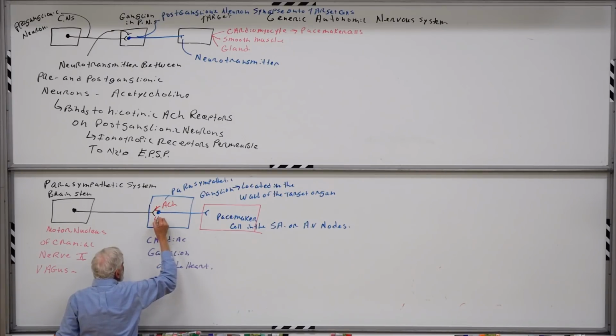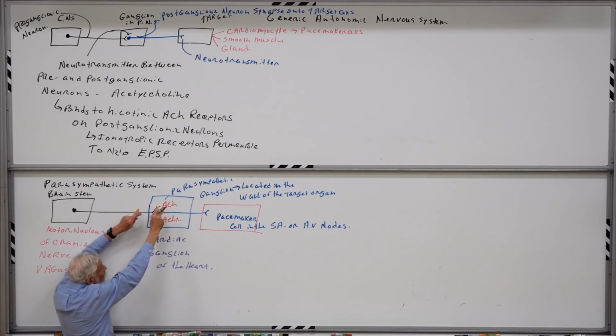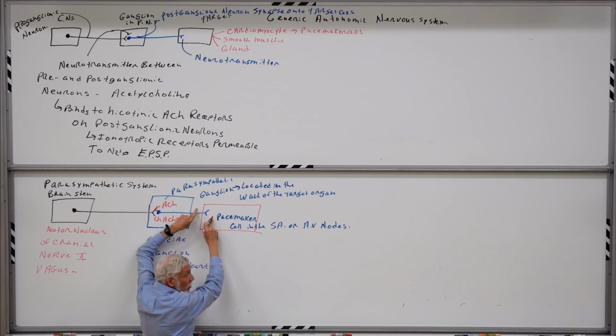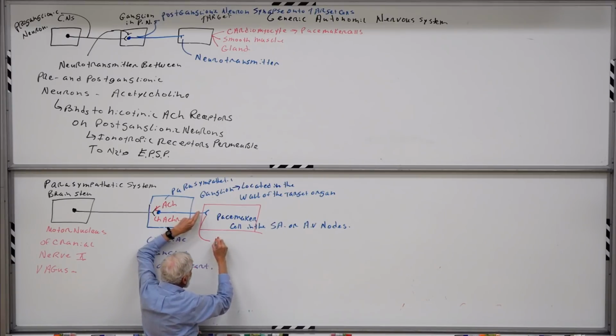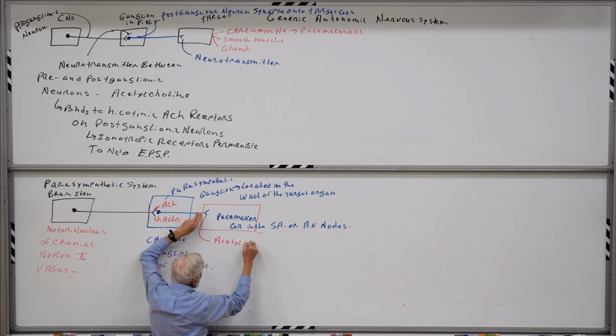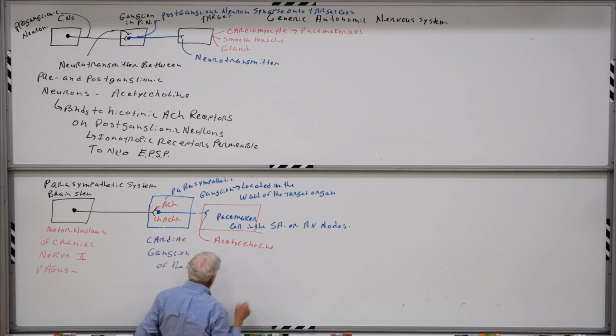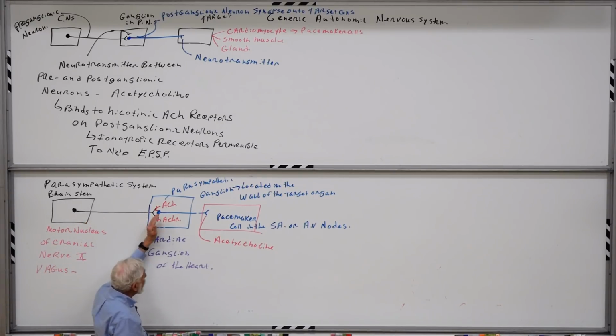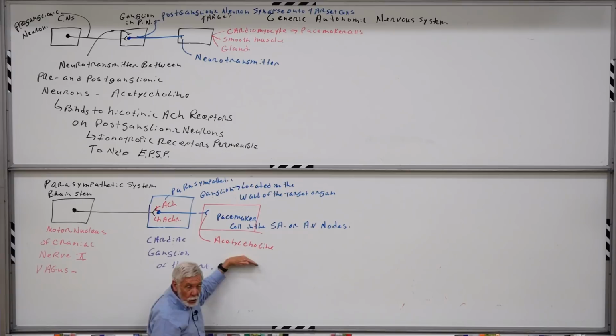And again, the receptor is the nicotinic acetylcholine receptor. If we have enough neurotransmitter bound to these nAChRs, then we generate an action potential, propagate the action potential to the output region, and at this site, we will now release the molecule acetylcholine. Again, in the parasympathetic branch, the transmitter that's released both between the preganglionic and postganglionic, as well as from the postganglionic to the target, is the neurotransmitter acetylcholine.